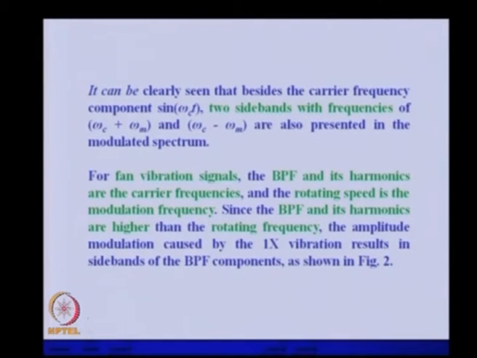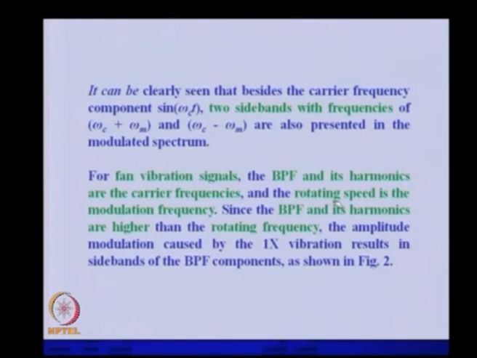So, it can be clearly seen that beside the carrier frequency component, two sidebands with frequency of the summation of the two frequencies and the difference of these frequencies are also present in the modulated spectrum. For a fan vibration signal, the BPF and its harmonics are the carrier frequency and the rotating speed of the rotor is the modulation frequency.